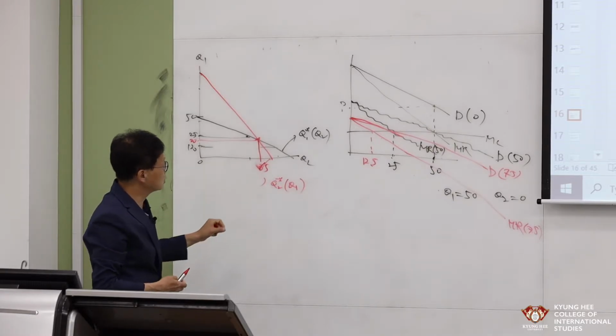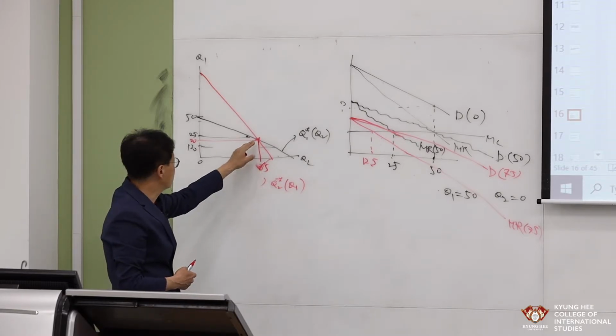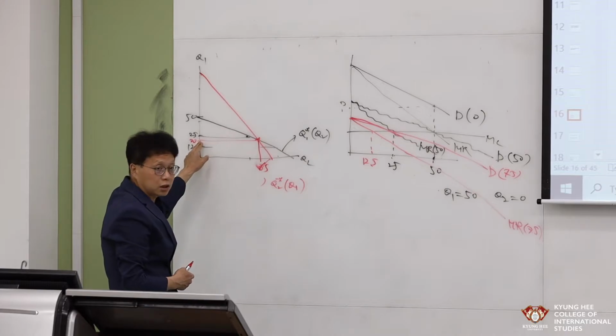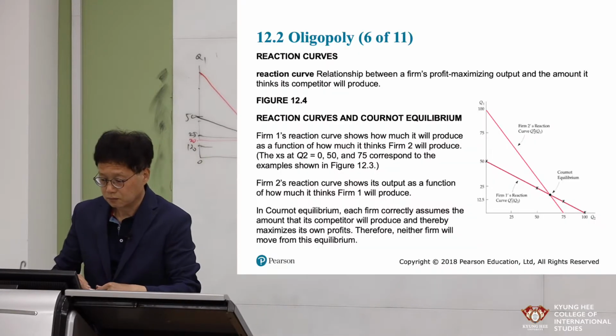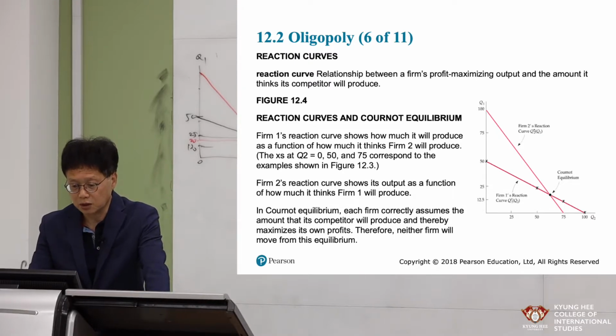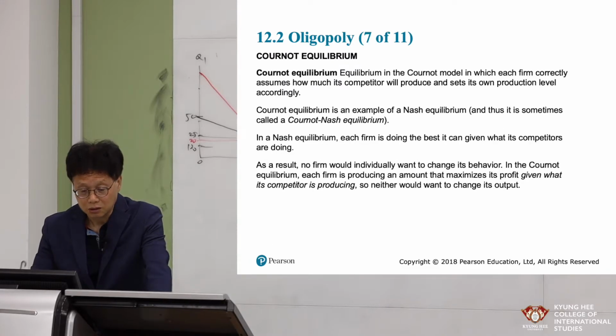Also, Firm 2's profit maximizing quantity is 65 under the assumption that Q1 produces 20. Then there is no reason to deviate from this equilibrium. In that sense, Cournot equilibrium is Nash equilibrium. Each firm correctly assumes the amount that each competitor will produce and thereby maximizes its own profit. Therefore, neither firm will move from this equilibrium.